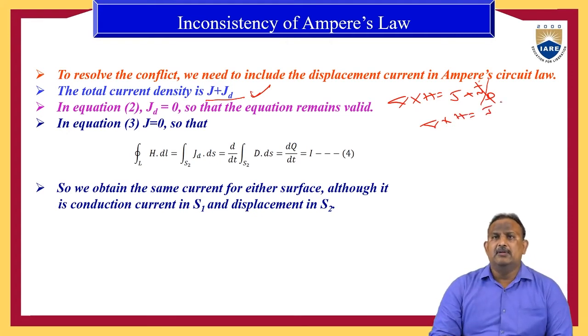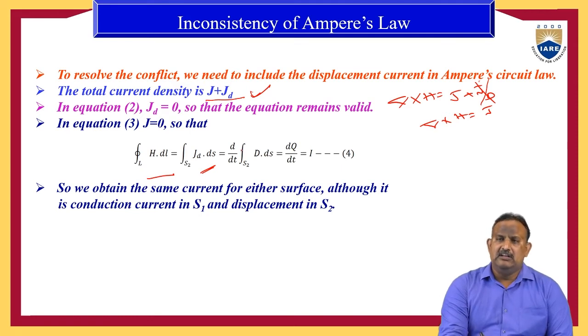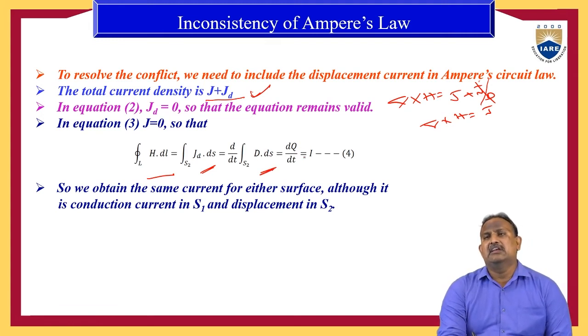And again, in equation 3, if the current density J equals 0, the line integral of H into dl is equal to the surface integral over S2 of JD, where JD is the displacement current density. In place of JD, we can write dou D by dou T. So it can be expressed as d by dt of the surface integral of D into ds, which is the current enclosed.